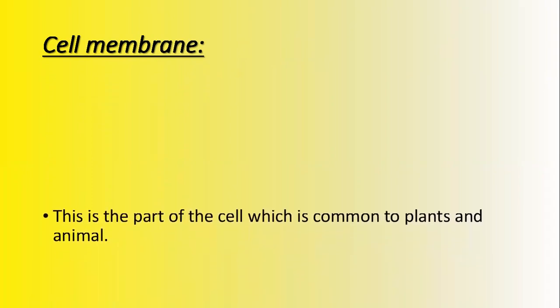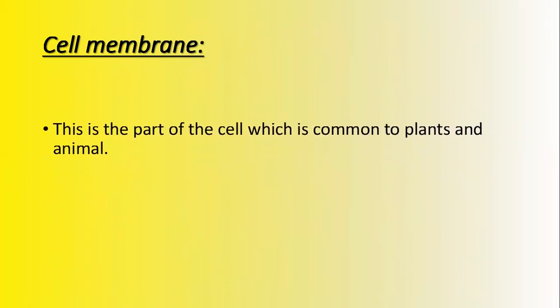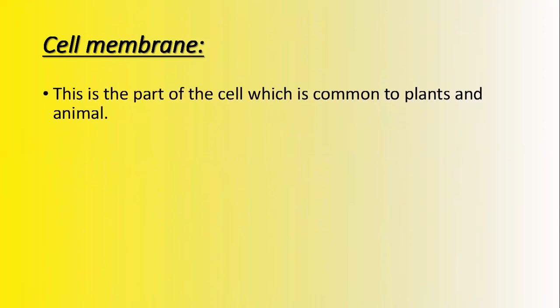Now, first, I will display the definition of cell membrane. This is the part of the cell which is common to plant and animal. It is present in plants as well as in animals. It is the outer covering of the cell.